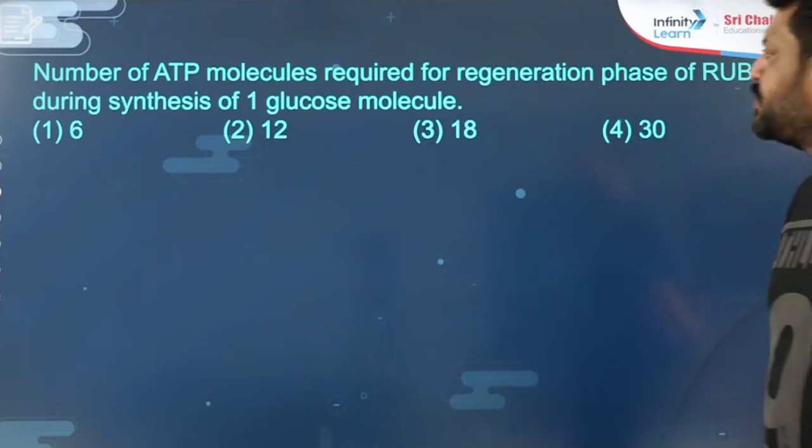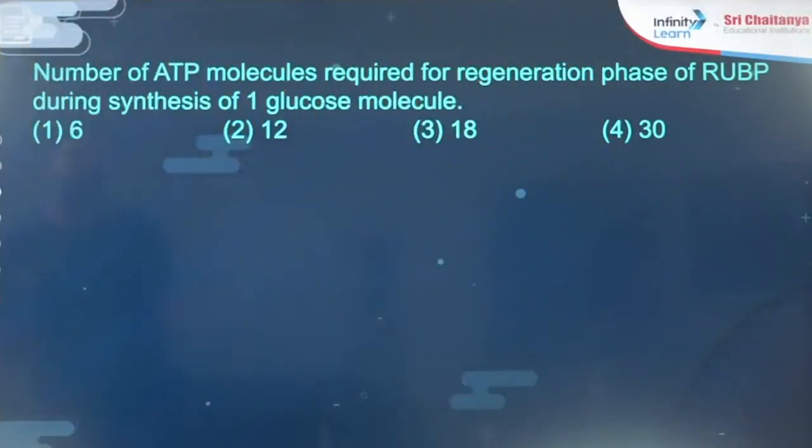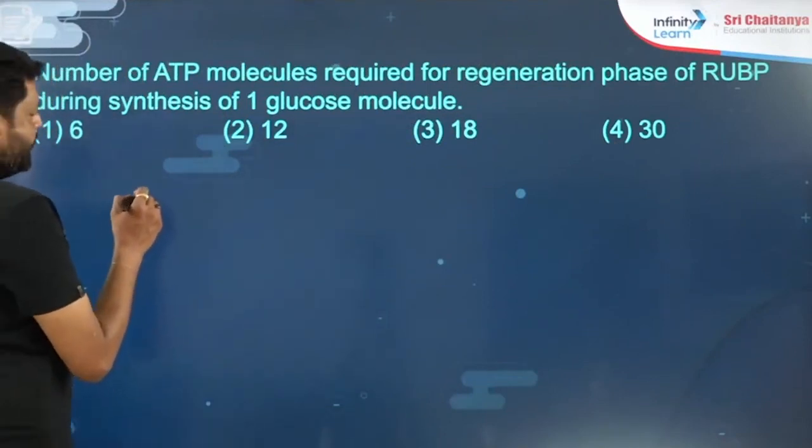Number of ATP molecules required for the regeneration phase of RuBP during synthesis of one glucose molecule. I told you already.